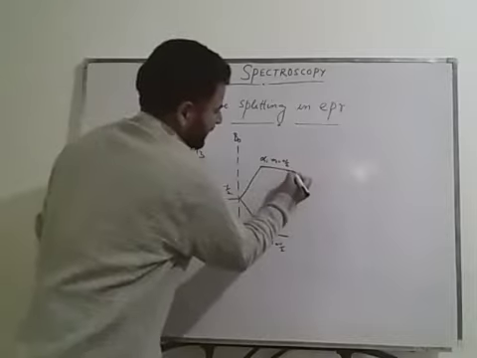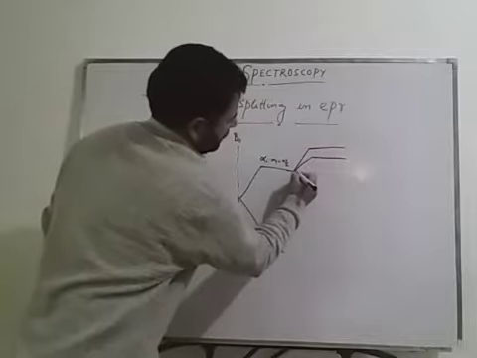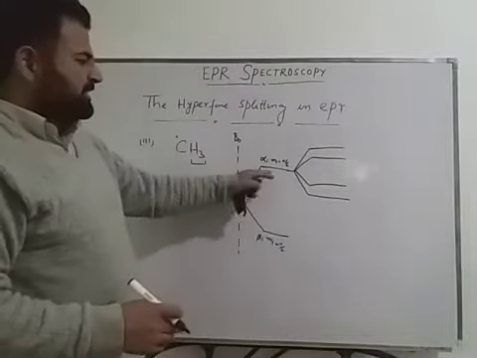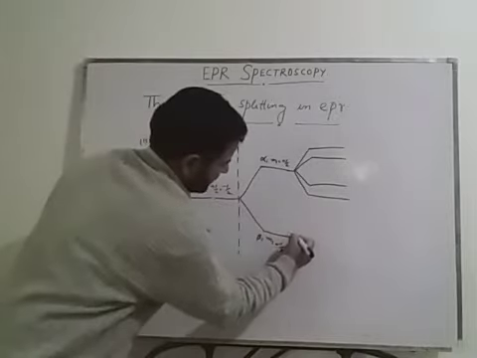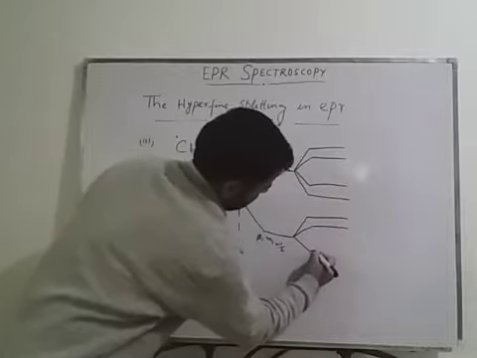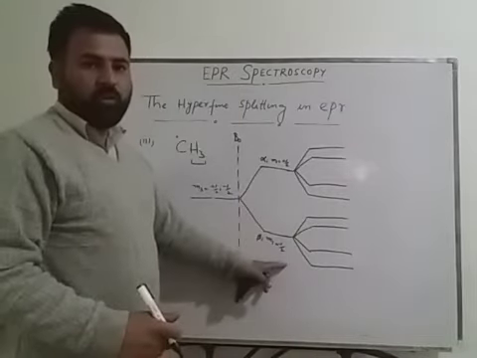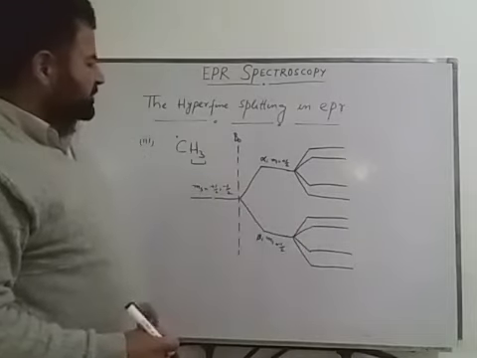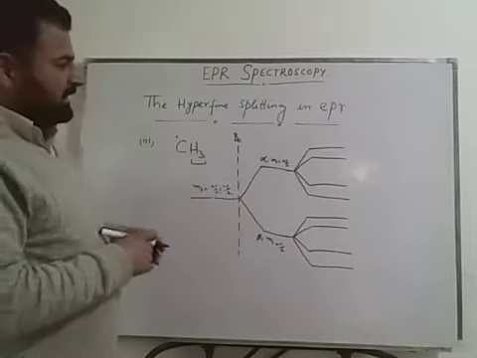So each electronic spin state will actually be split into four nuclear spin states, and here also this electronic spin state will be split into four energy levels, because four types of orientations are possible from this nuclear spin in the case of this methyl radical.